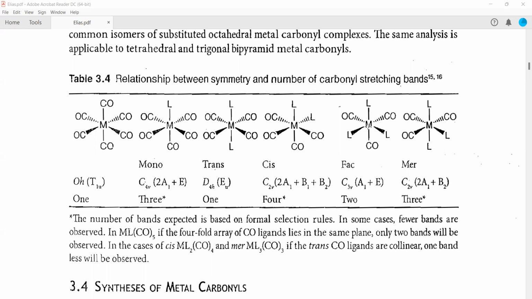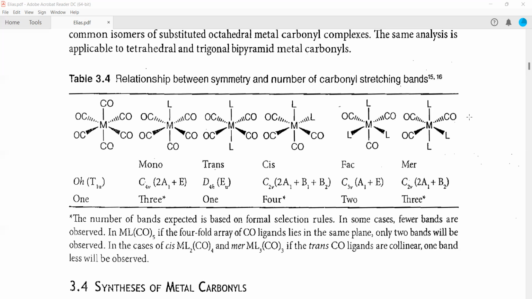The C3 axis comes perpendicularly out of the book page, and you have the plane of the slide as a plane of symmetry. So it is C3v. What does this mean? How many carbonyls here are the same? These two will be one, and the other one another, so you'll have two.